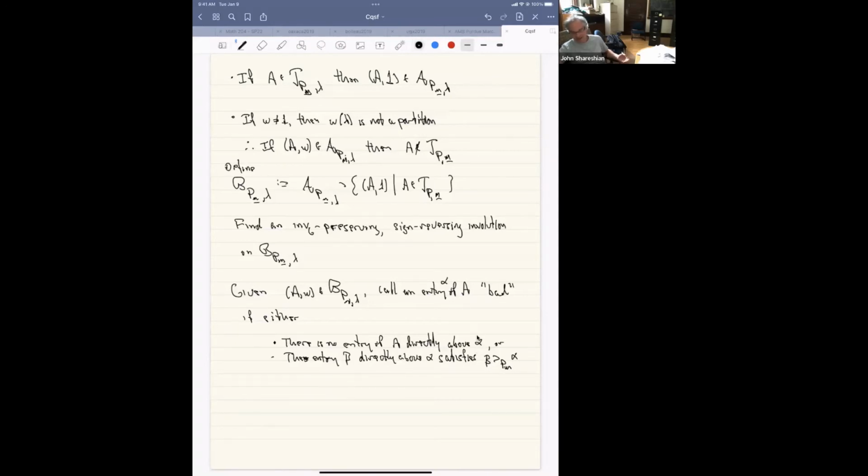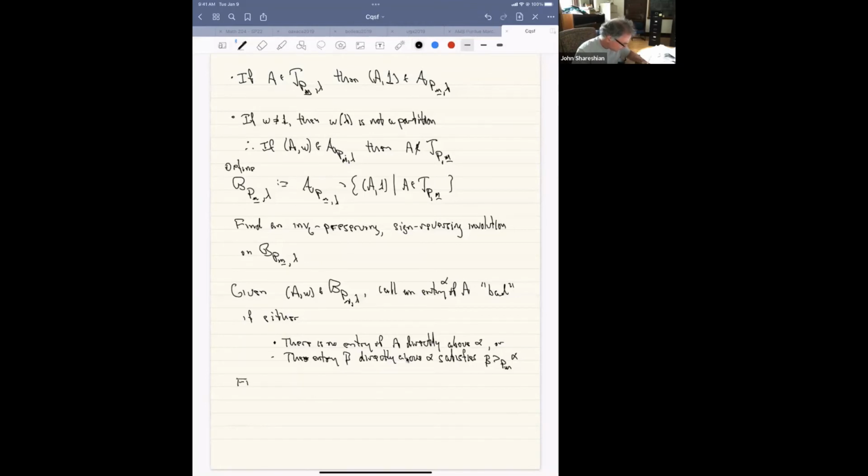That's also bad, right? It's not a tableau. So these are things that make this A not a tableau, and if either of them happens, there's a bad entry. So for every one of these pairs, there is a bad entry because this A is not a legal tableau. So there's always a bad alpha, right?